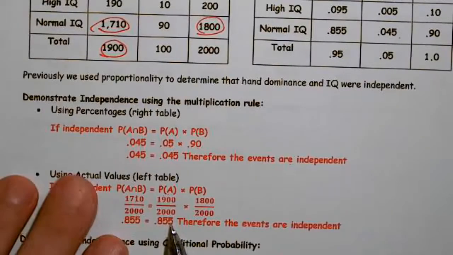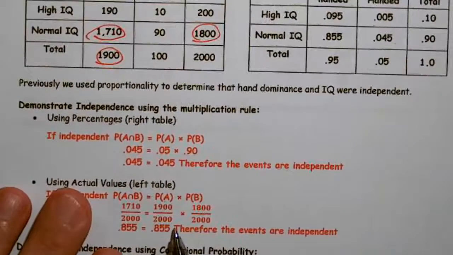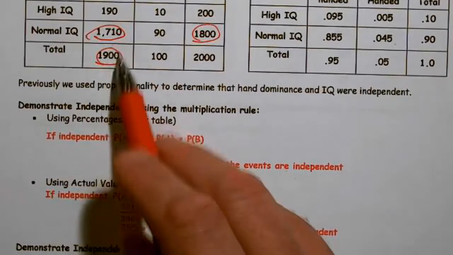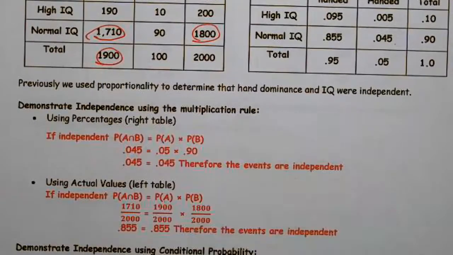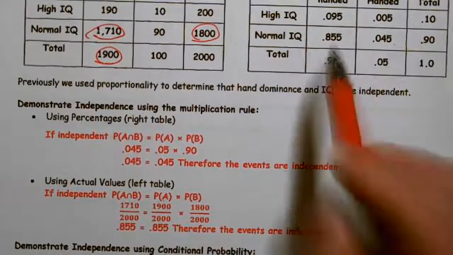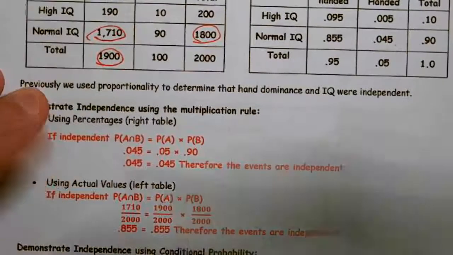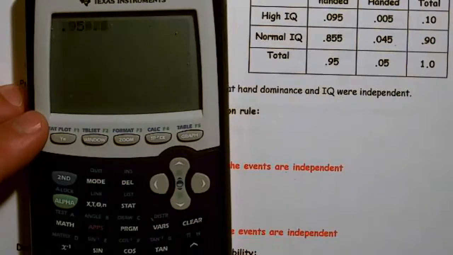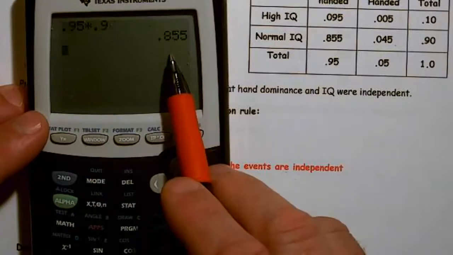It does. Therefore, the events are independent. We could have used actual values, but technically all I'm doing is dividing to make them into probabilities. I could have gone 0.95 times 0.90, which equals 0.855.